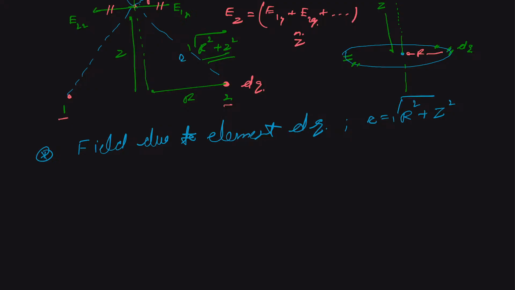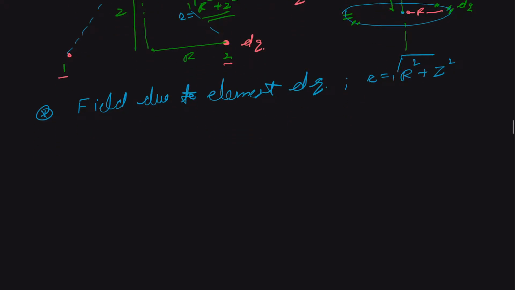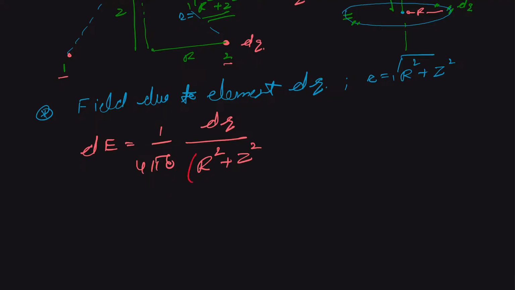So this is our distance r. Because of this element dq, we can write the field dE as equal to 1 upon 4 pi epsilon naught, the charge of the element dq, upon r square plus z square.